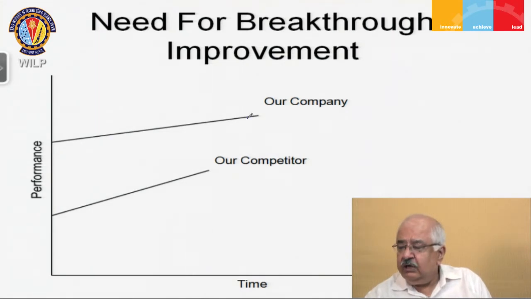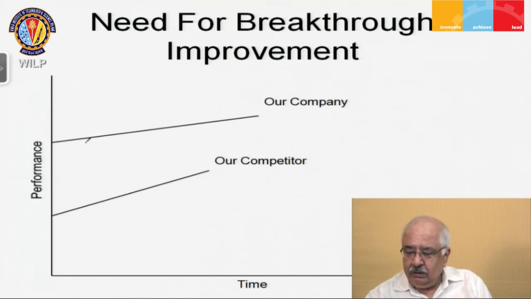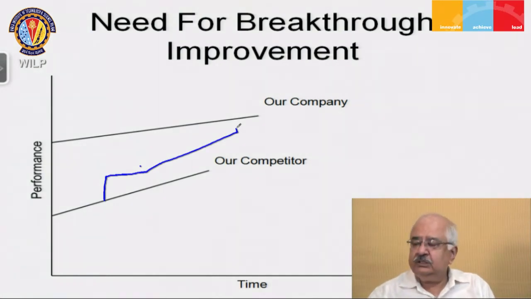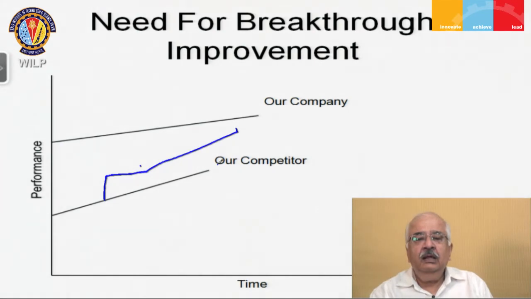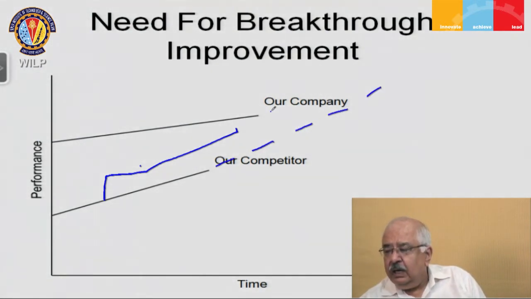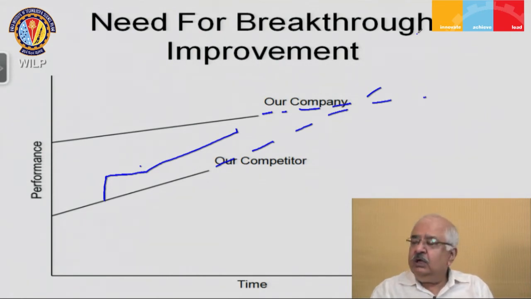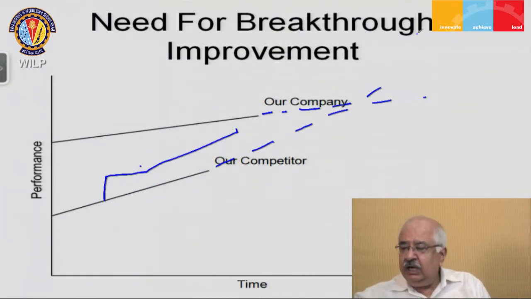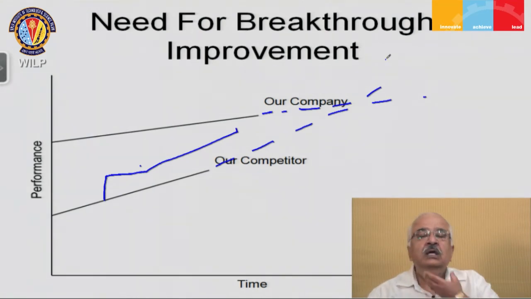So although we may have a certain rate of improvement, and again the competitor may not be linear, he or she or whatever the company is may also have some step increases as well in the processes, but the rate of change in the performance of our competitor possibly could be significantly larger or would be larger than ours, which means that if we were to extrapolate the performance of this competitor and also the performance of our company into the future, at some point in time, given that we do not intervene in the improvement process, if we keep on improving at the same constant rate that we've been improving at, then at some point in time a competitor is going to overtake us.